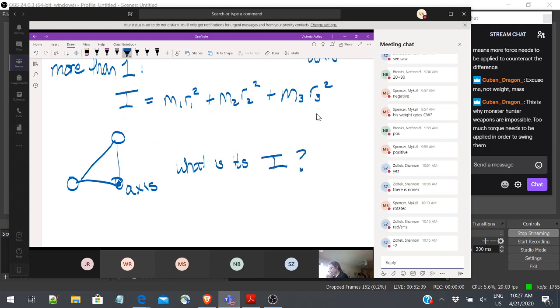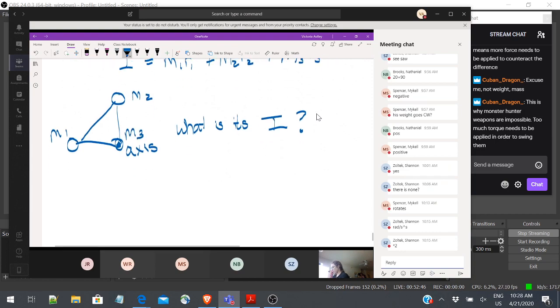M1, M2, M3. It would just be M1 times X, plus M2 times Y, plus M3 times 0. Because this is so teeny, we basically pretend that it's all in a single point.